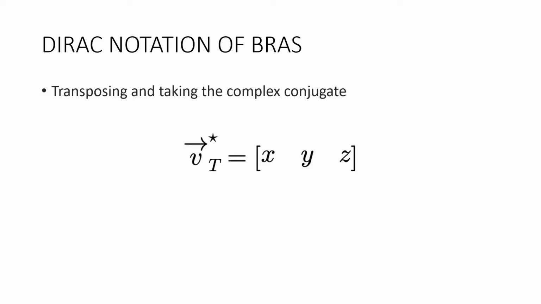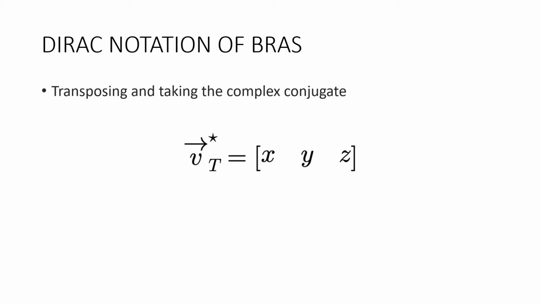Then the complex conjugate of that complex number is z bar, z bar is equal to x minus jy. If it is 3 plus 2j, the complex conjugate is 3 minus 2j. Simple. So to get the bras from the kets, you need to transpose the vector, and after that take the complex conjugate.